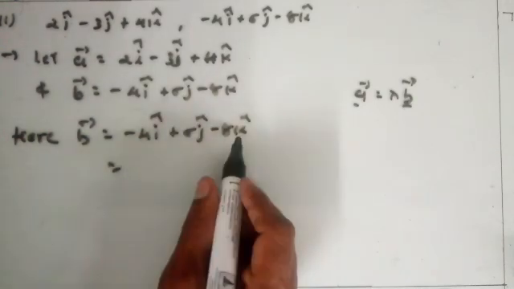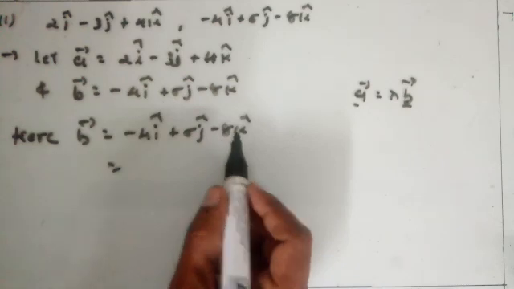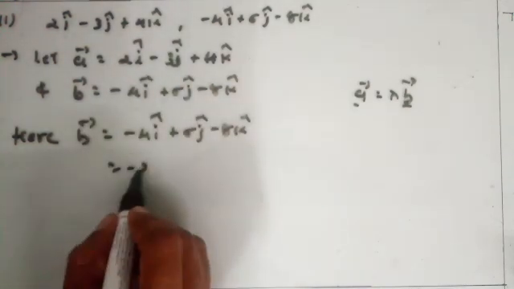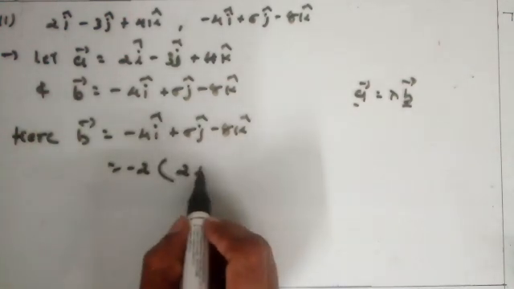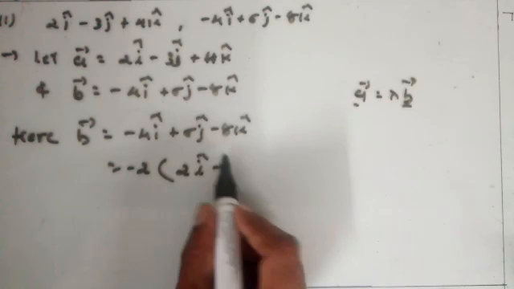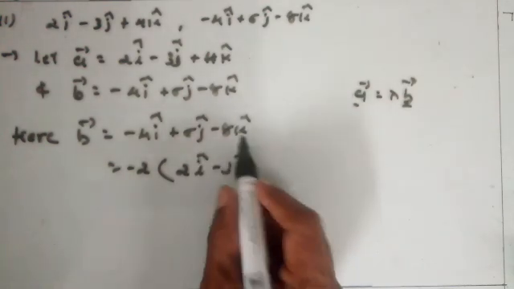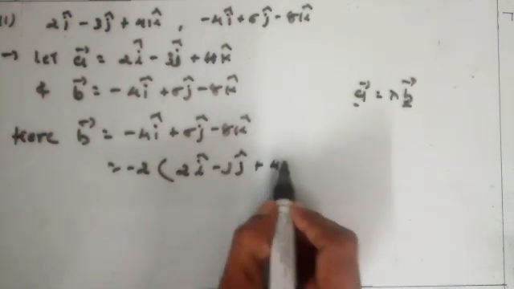Taking some common terms and changing into reduced form, here minus 2 take outside, that is take common, we get 2i minus 3j plus 4k.